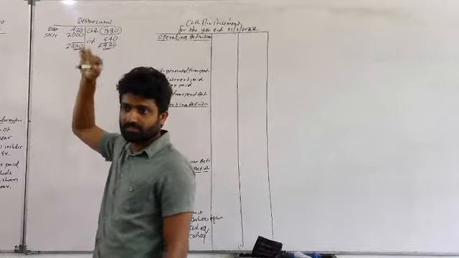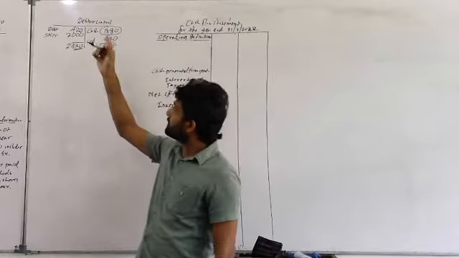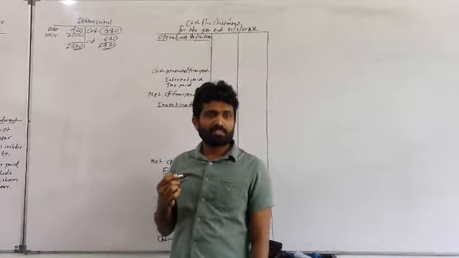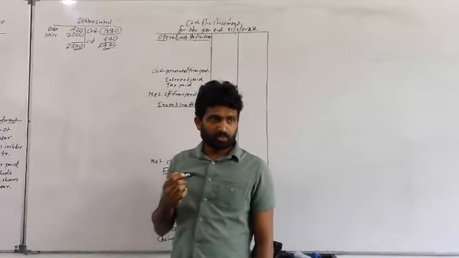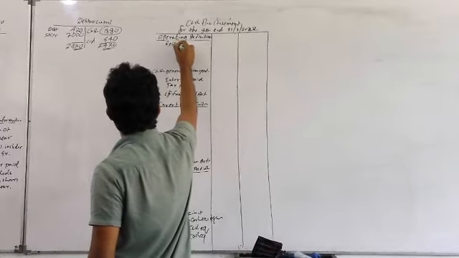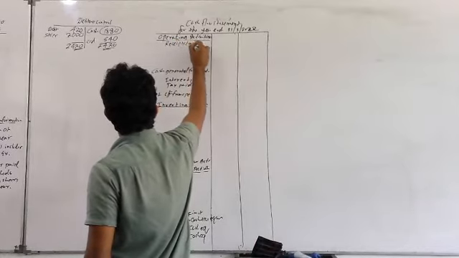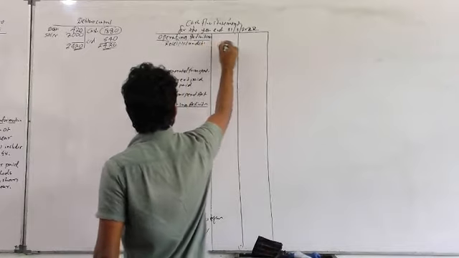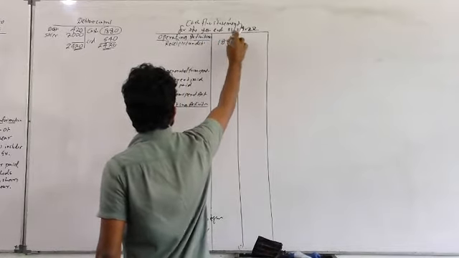What is this? This is cash received from debtors. This is coming under which activities? Operating activities. Received from debtors, 1880 plus.